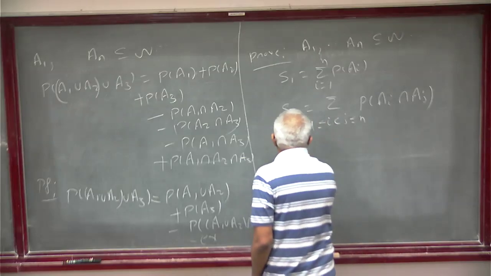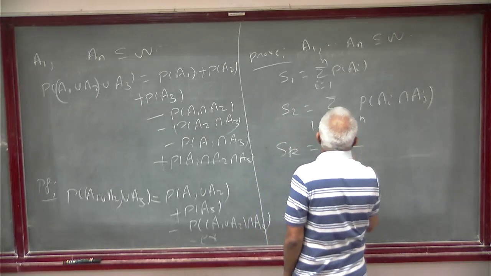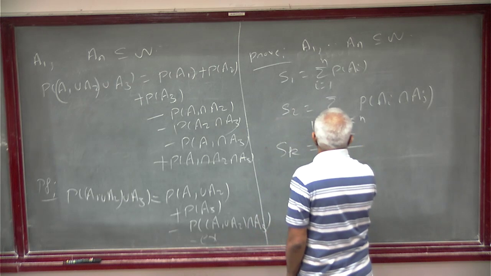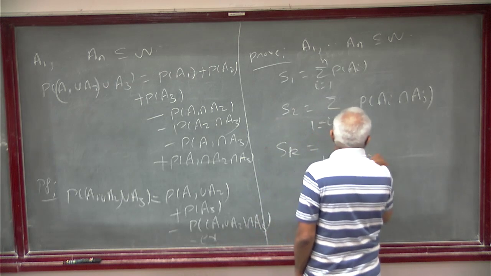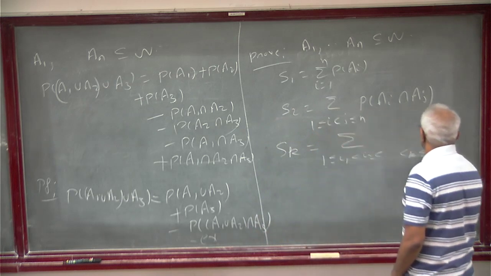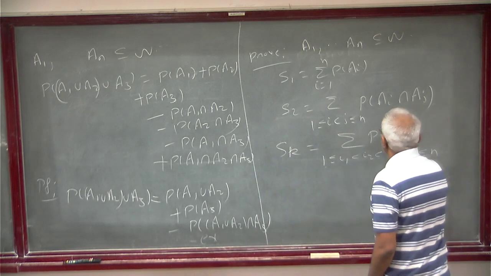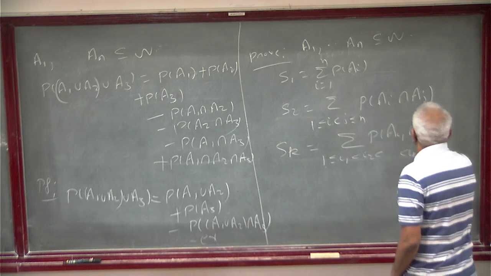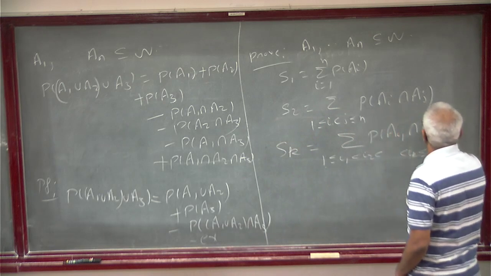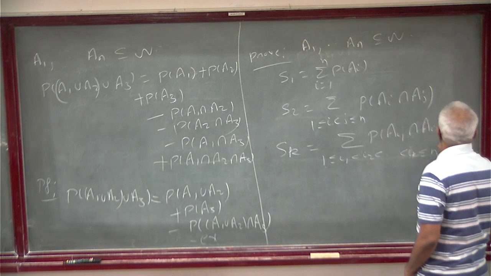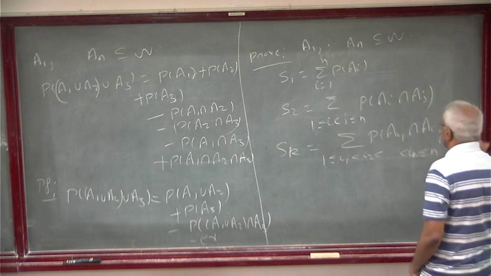Similarly, Sk equals the summation over 1 less than or equal to i1, i2 up to ik less than or equal to n, of P of Ai1 intersection Ai2 intersection up to Aik. This is Sk.